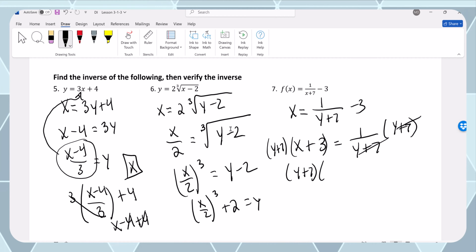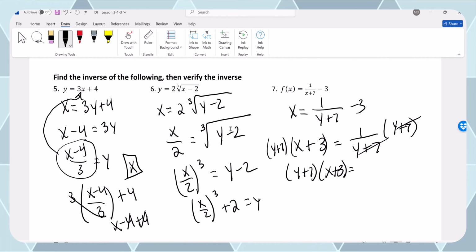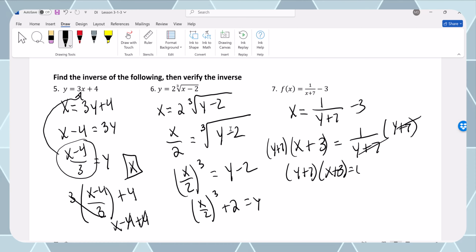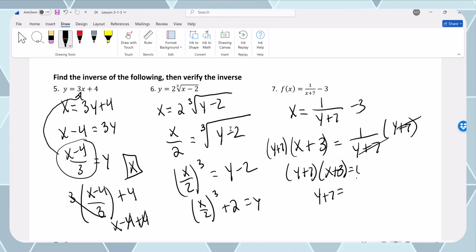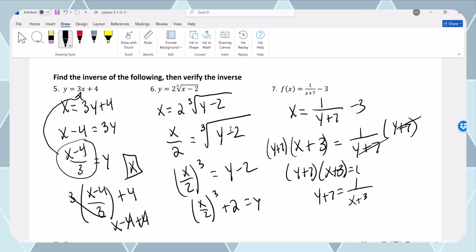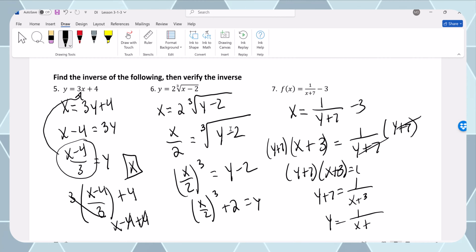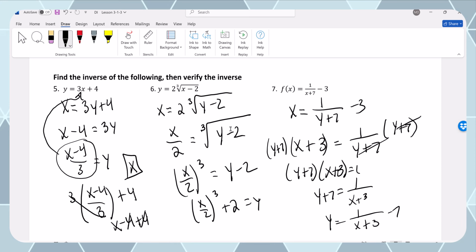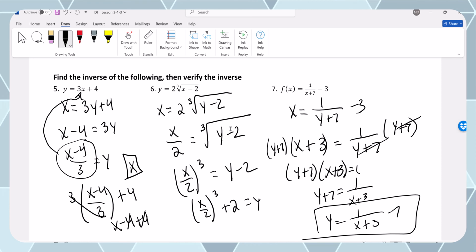Just going to rewrite it. And so now to get that y by itself, I can divide by the x plus 3. And subtract 7. There's my inverse.